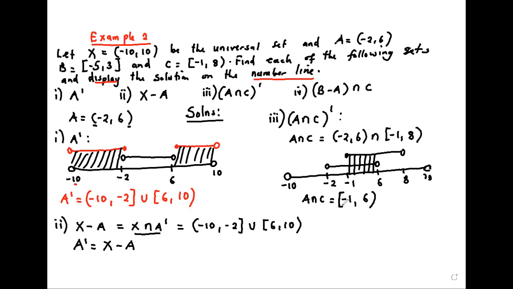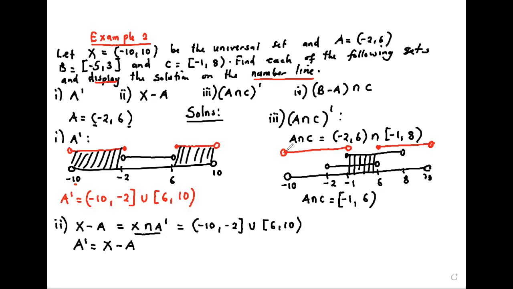Now we want the complement of this. So we go to the same number line. Because it's open at 6, we close and we go to 10. Because it's closed at -1, we open for the complement and we go to -10.